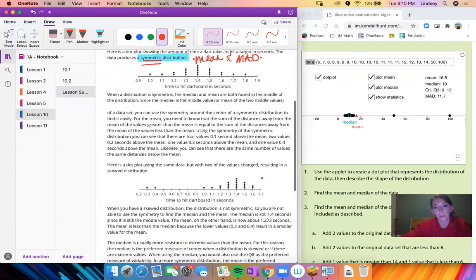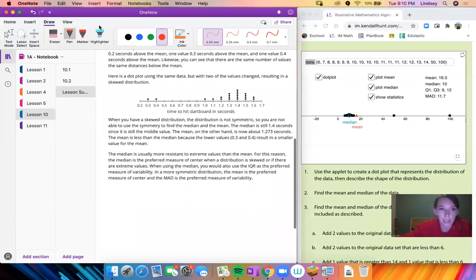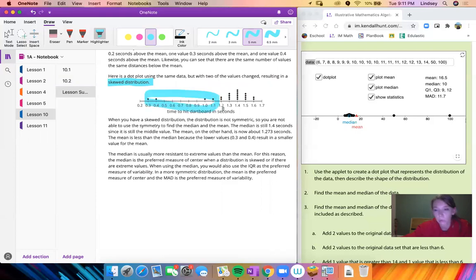Okay, moving on down. Here's another graph on your next page. It says here is a dot plot using the same data, but with two values changed, resulting in a skewed distribution. And we can see that it's skewed because we have this tail-like part of our graph that's pulling the data in the other direction.